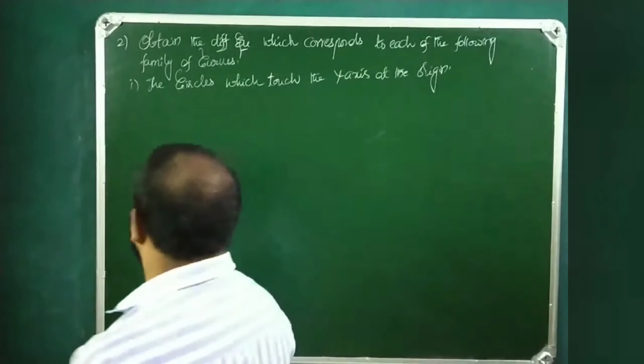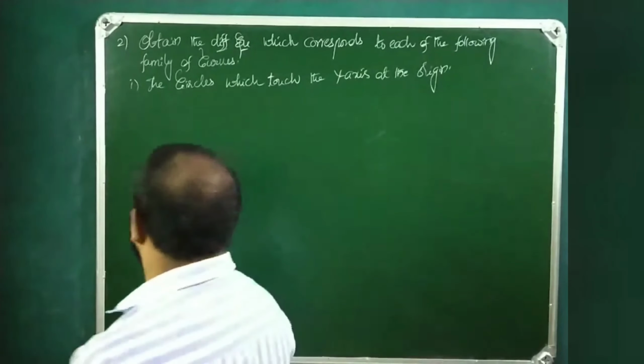Here h comma k are what we need to eliminate. Therefore there are two parameters here for which we need to differentiate it twice. So differentiating with respect to x once. Now suppose this to be x square, derivative is 2x. So 2 into y minus k, into, so we need to differentiate it later.